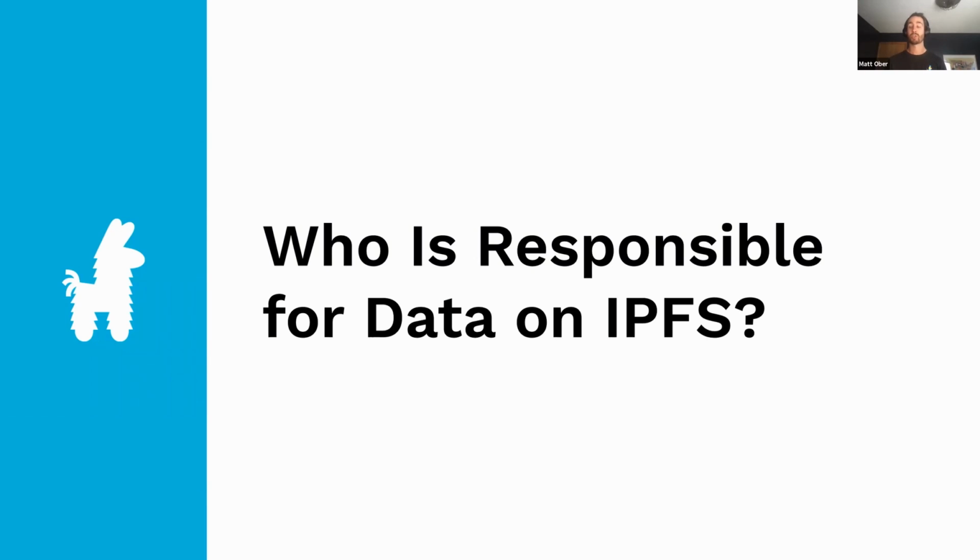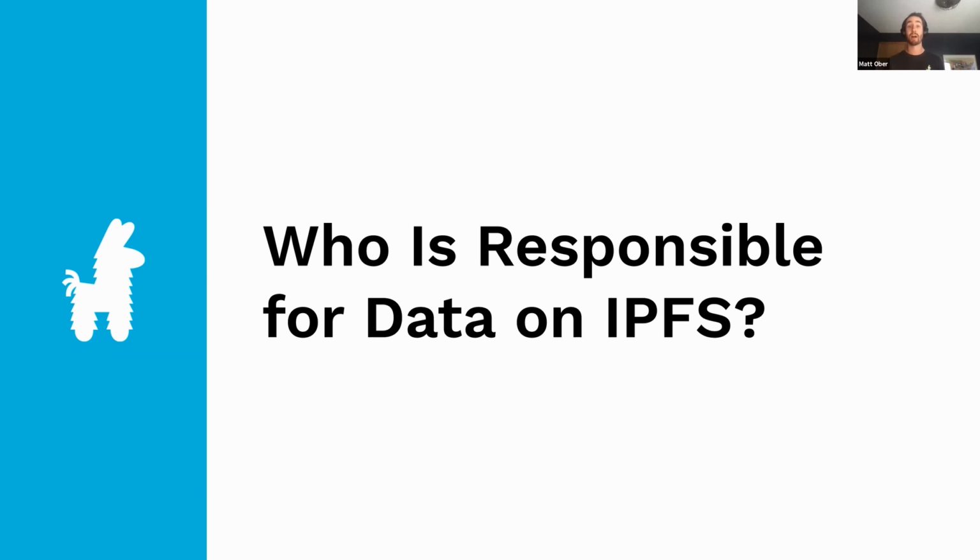IPFS is at its core just a protocol, and it's not a blockchain. So when a token or transaction can happen on Ethereum without passing that responsibility of IPFS data to the next person, this begs the question, who is responsible for that data existing on IPFS?